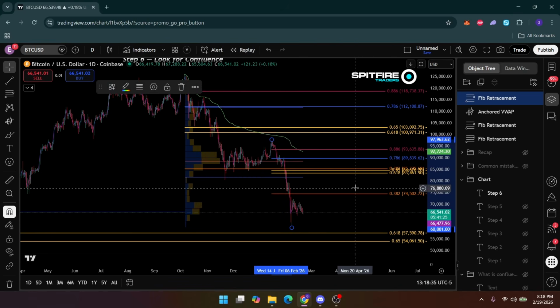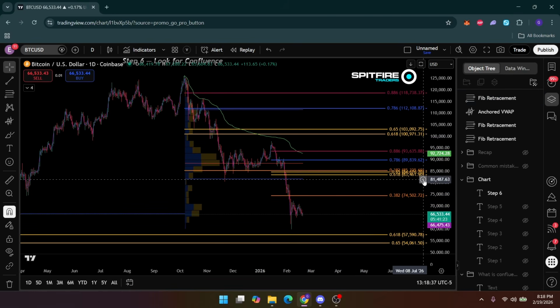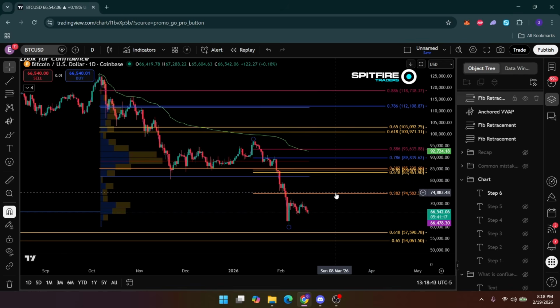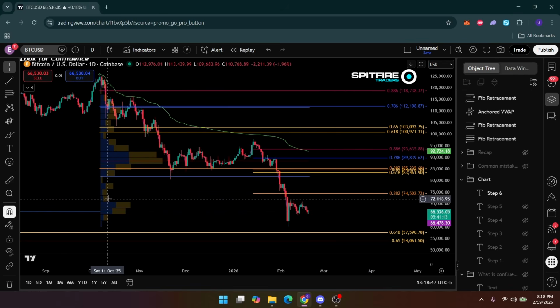Okay. And now we can see that we found some resistance zones. We have the first one here at the 382, but this one is a bit tricky. Why? Because as we can see, we don't have much volume here.